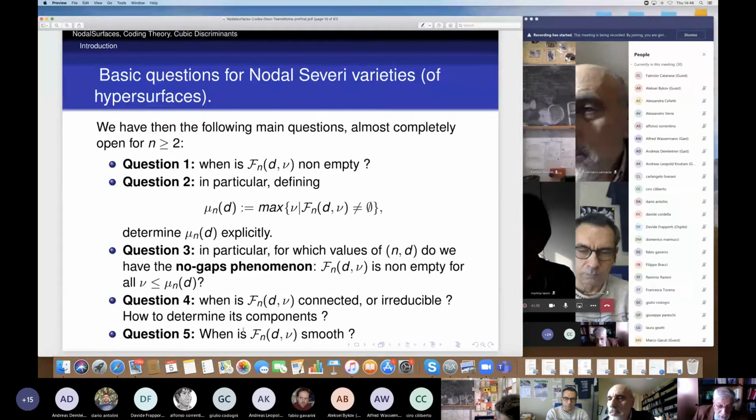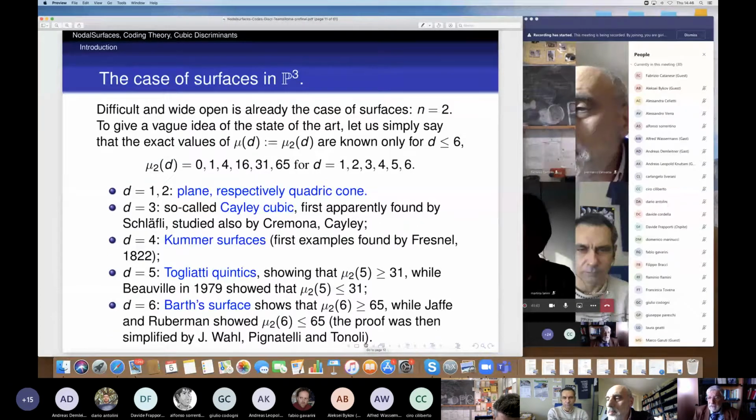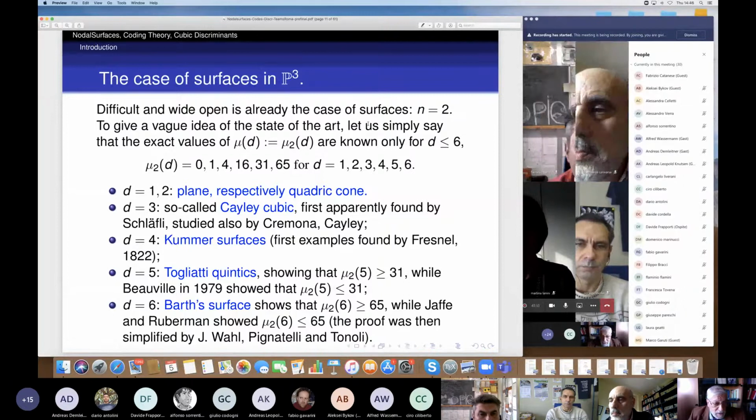How can we determine its components? When is it smooth? So there are a lot of questions, and I want to revive interest in this question. So let's start. I will devote myself to the next case, which is already incredibly complicated. Difficult and wide open is the case of surfaces.